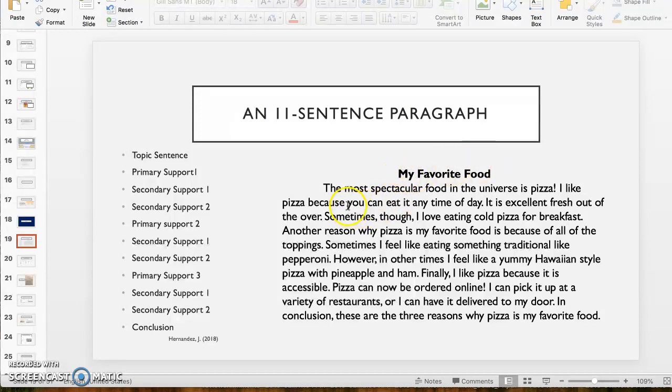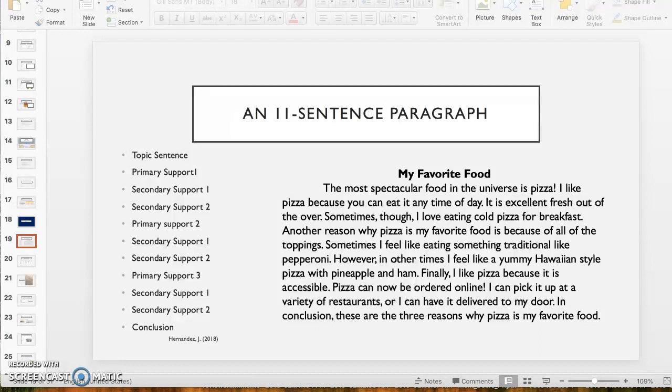My favorite food. The most spectacular food in the universe is pizza. I like pizza because you can eat it any time of the day. It is excellent fresh out of the oven. Sometimes, though, I love eating cold pizza for breakfast.